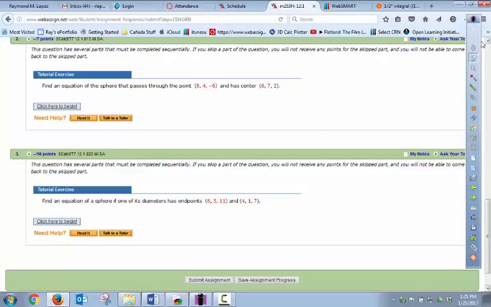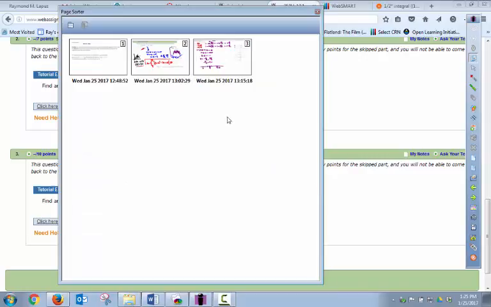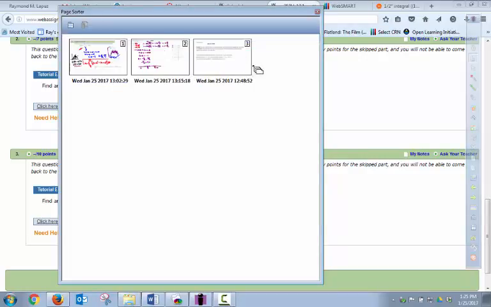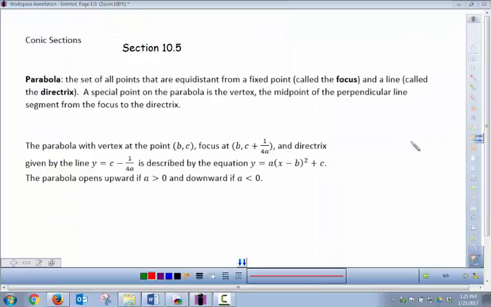All right. Let's get past the philosophical aspects of the course and just go back to our new section. So section 10.5 begins the study of conic sections. So conic sections are a way to describe a relationship between the x and y variables as a graph.